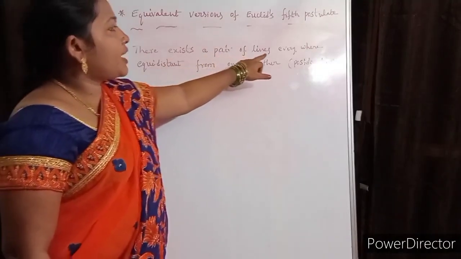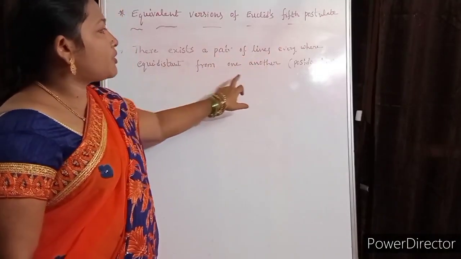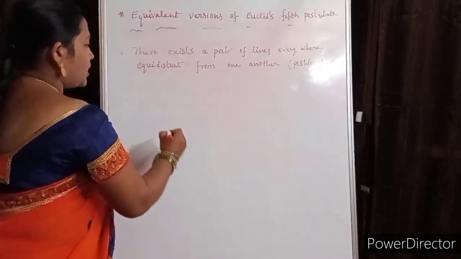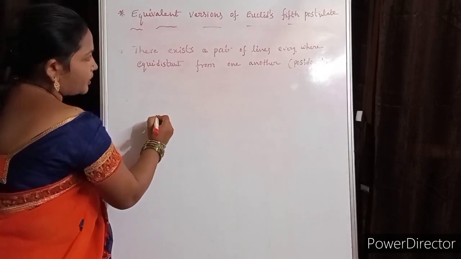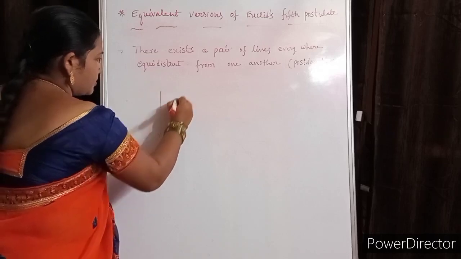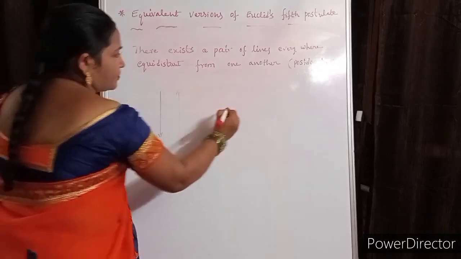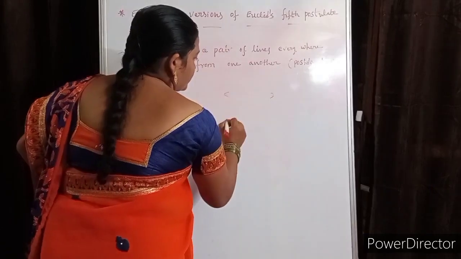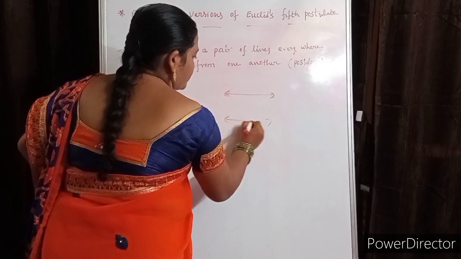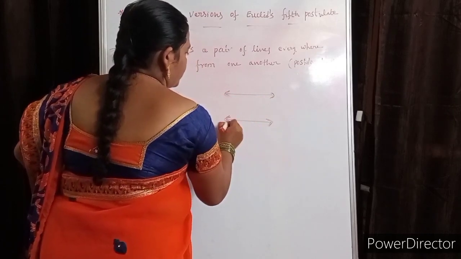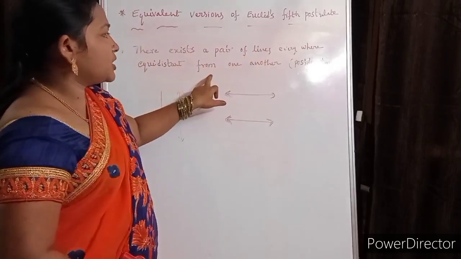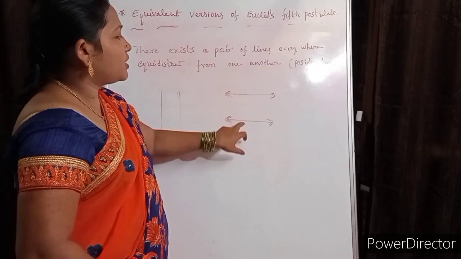There exists a pair of lines everywhere equidistant from one another. This is Posidonius's postulate.